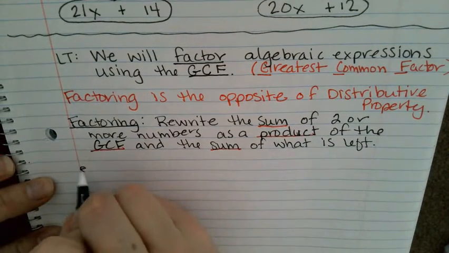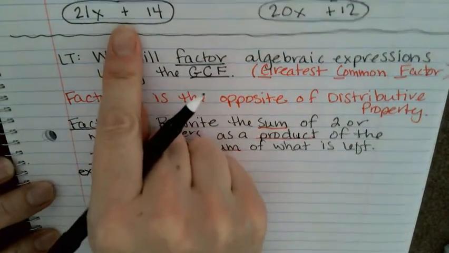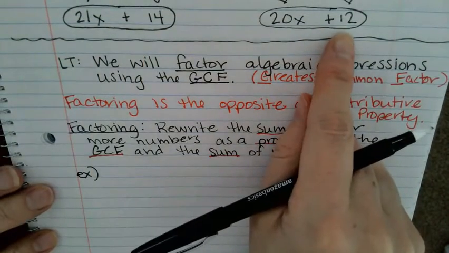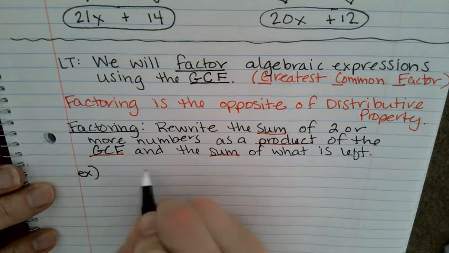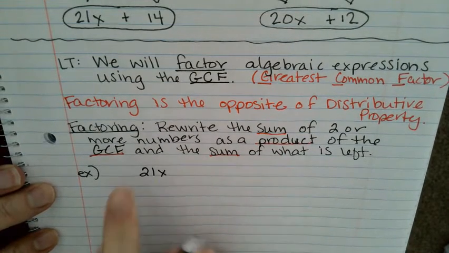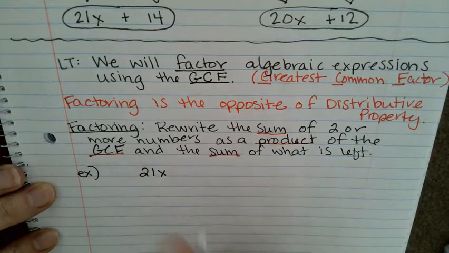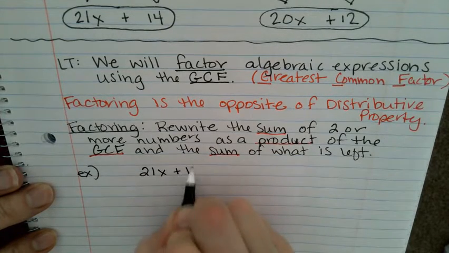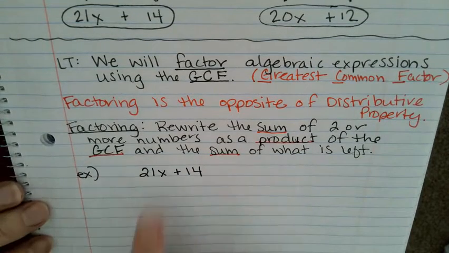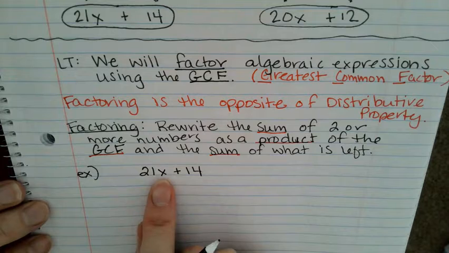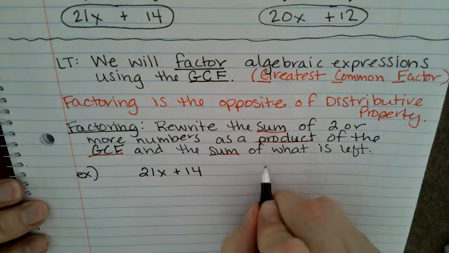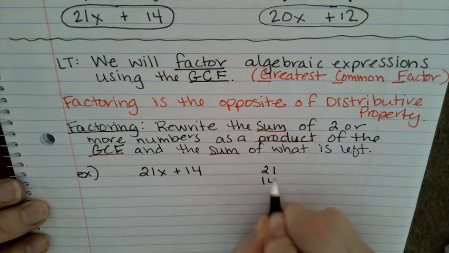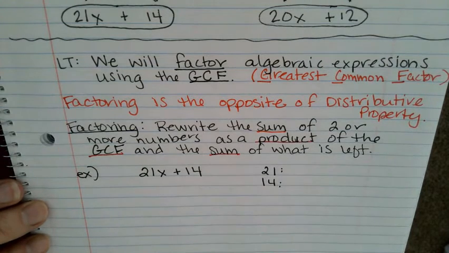I'm going to show you a couple of examples of exactly what this looks like. We are actually going to start with the two examples that we did in our fair game review. So we started with 21x, notice I gave myself some room over here, plus 14, which means we're looking for the common factors of 21 and 14, which means we can list out 21 and 14 and list all of the factor pairs.